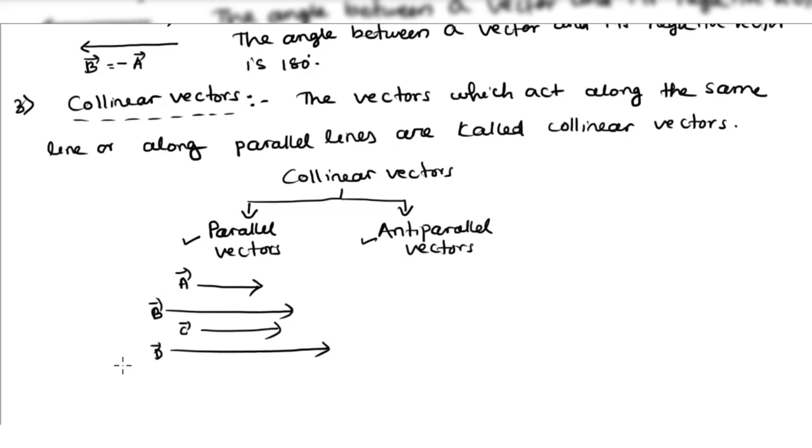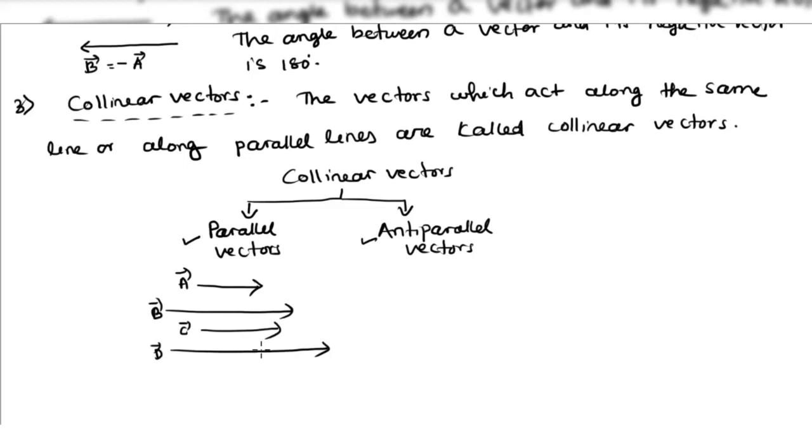But look at the length of the 4 vectors. The lengths are different, meaning the 4 vectors have different magnitudes. The magnitude of A, B, C, and D are all different. But all the vectors have the same direction.